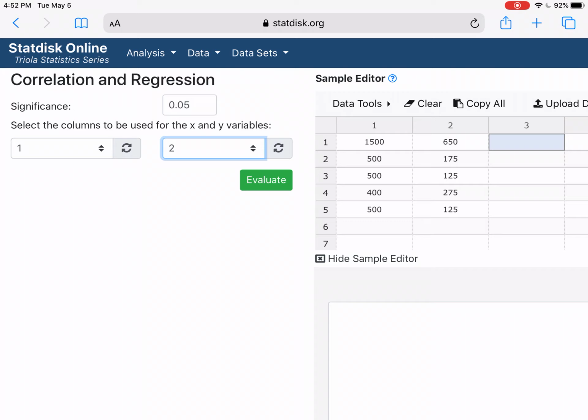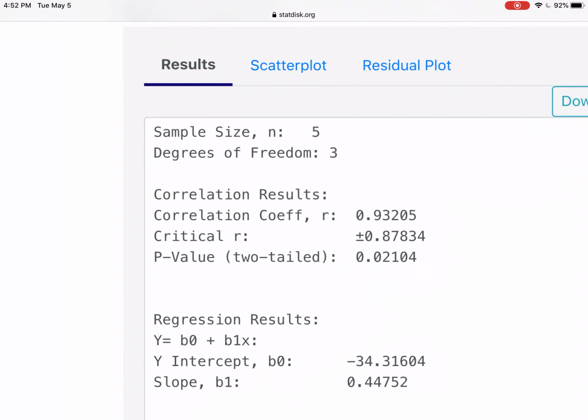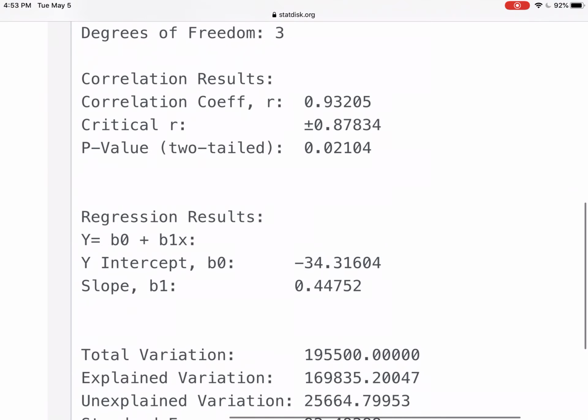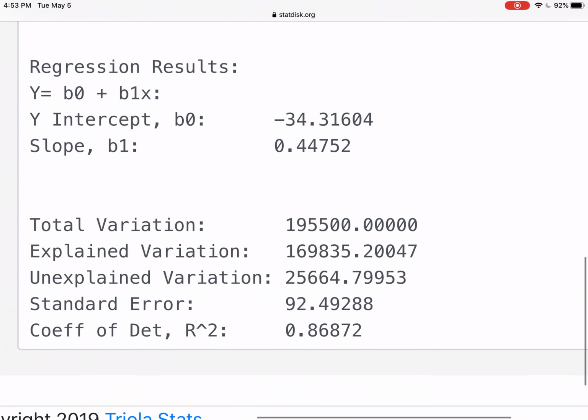So we would use the opening bid to try to predict the winning bid. We evaluate that, and we have all of the information from the last video, but when we go down, we also see our regression results.